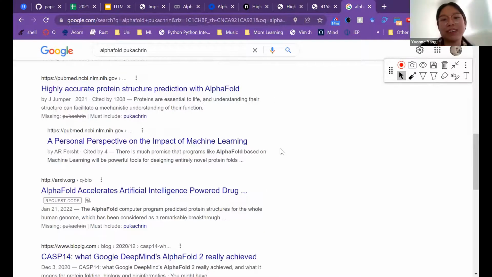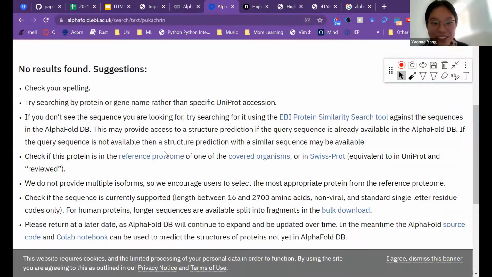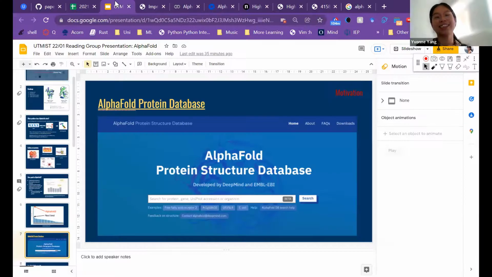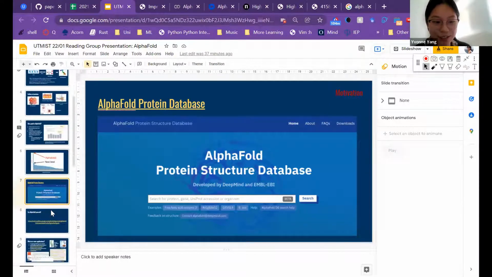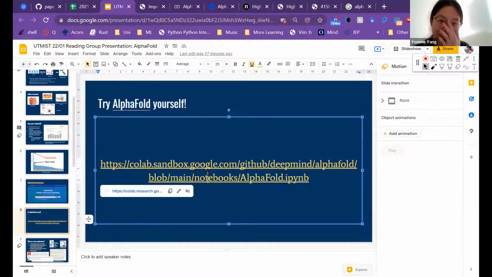It is an ongoing project, and they said they're looking at the human genome database, and they're predicting every single protein that is produced by the human genome. So it's ongoing. One day we will have your sonic hedgehog protein. Yeah, and then there's more fun stuff, which is they had a Colab notebook.